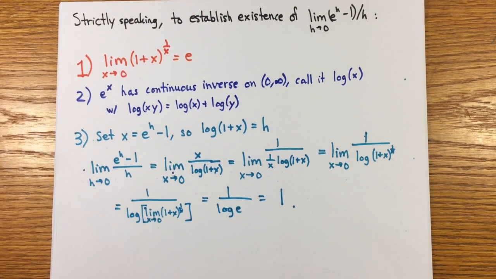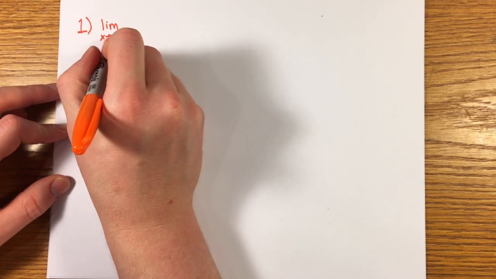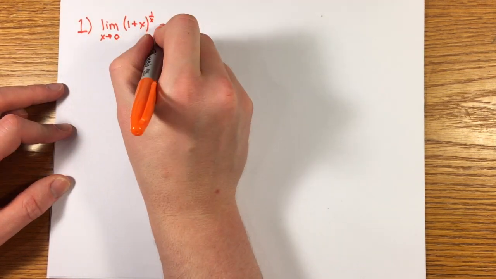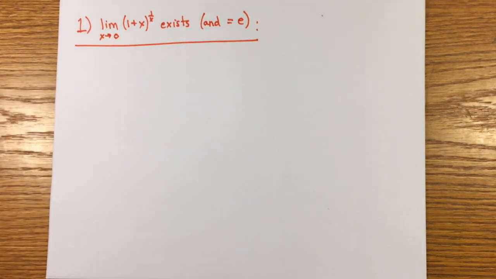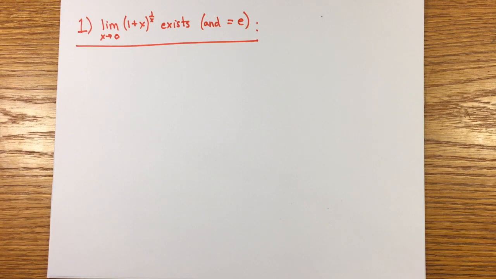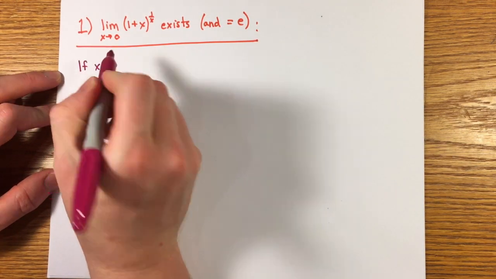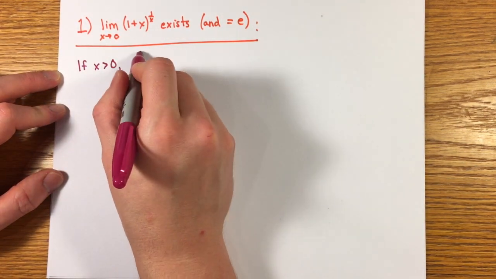To show (1 + x)^(1/x) has a limit, which is certainly e if it exists, you use that we already know the limit of (1 + 1/n)^n. Note that it's harder to prove that (1 + x)^(1/x) is monotone if you don't already know how to differentiate exponential functions.